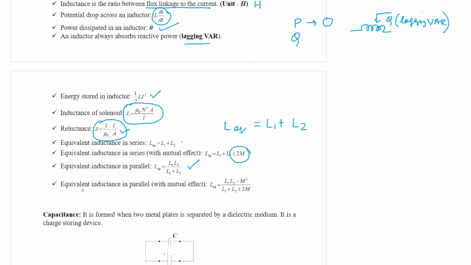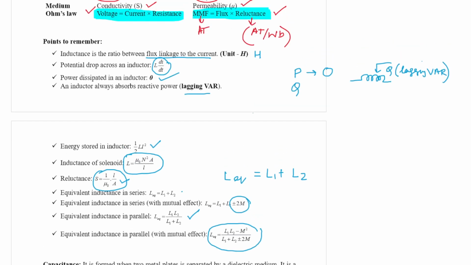With mutual effect in parallel, we have an extra term, in the numerator we have minus M square, and in the denominator we have 2M. The last thing I would like to mention is that inductance is formed due to the flux linkage.